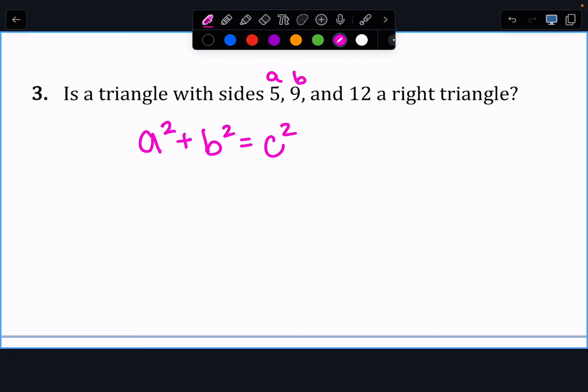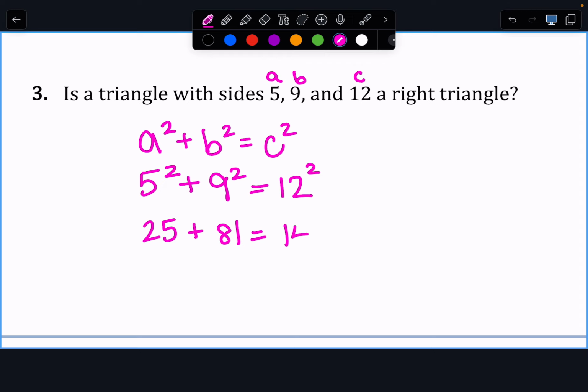C is 12 since it's the biggest. So we're going to plug in 5 squared plus 9 squared equals 12 squared. What's 5 squared? 25. And what's 9 squared? 81. And what's 12 squared? 144.